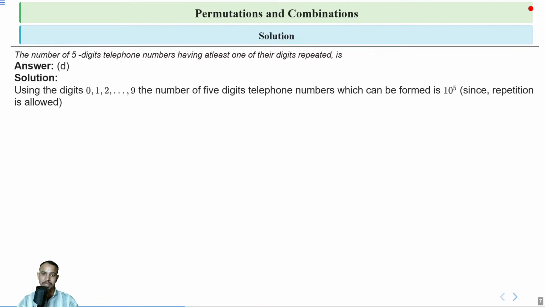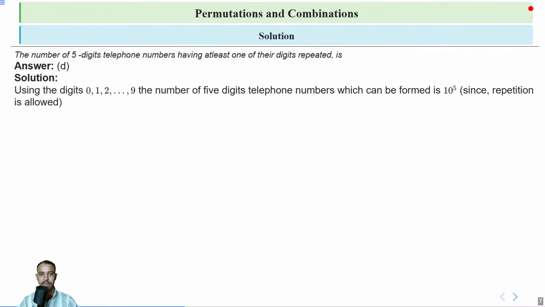You have 10 digits 0, 1, 2, 3 up to 9. Using the digits 0 to 9, you have to find the number of 5 digit telephone numbers which can be formed, with at least one of their digits repeated.